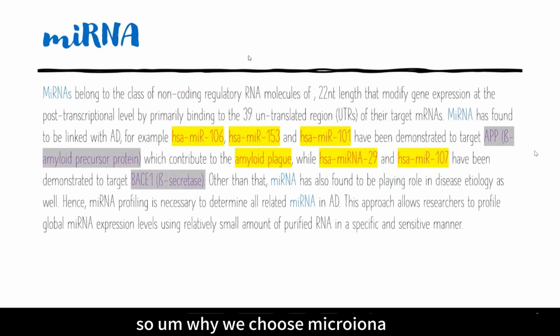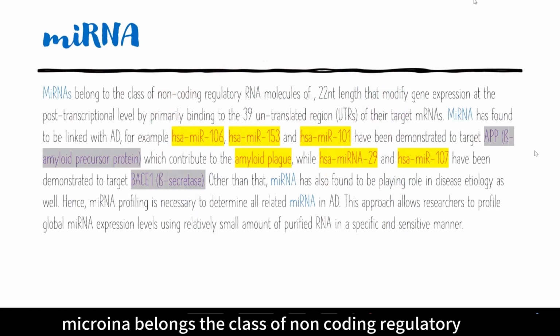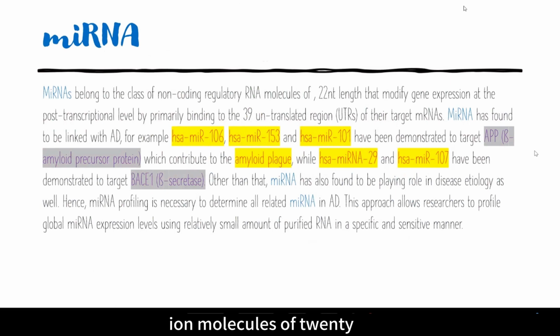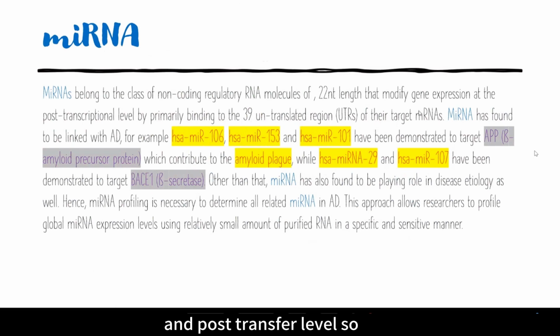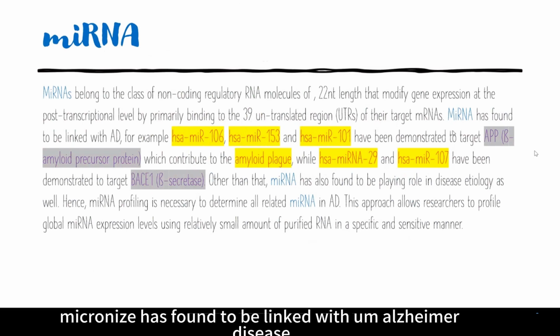So why did we choose microRNA? MicroRNA belongs to the class of non-coding regulatory RNA molecules of 22 nucleotide length that modify gene expression at the post-transcriptional level. In many studies, microRNA has been found to be linked with Alzheimer's disease.